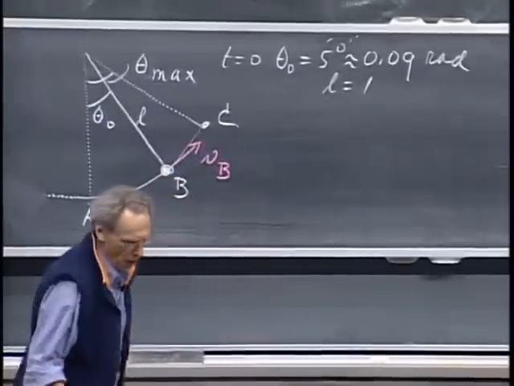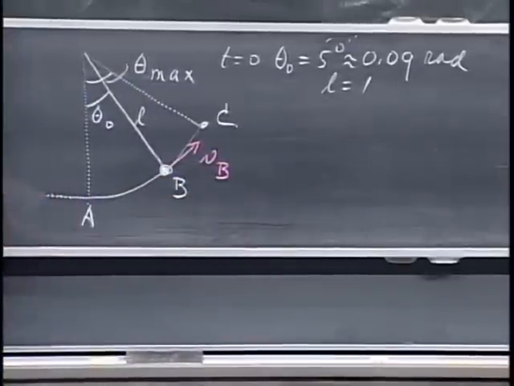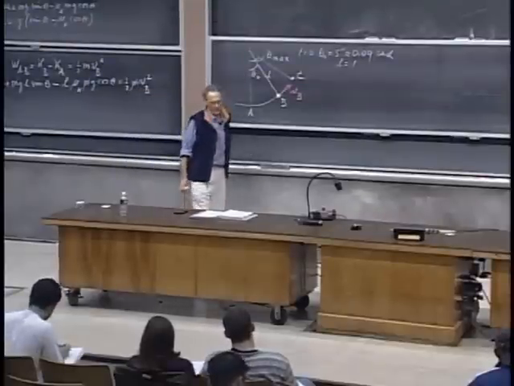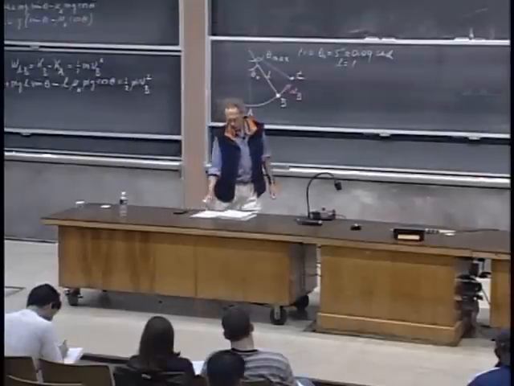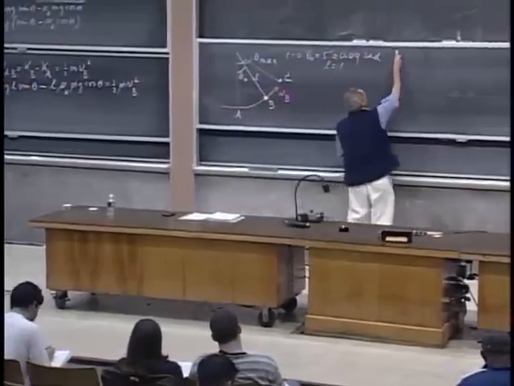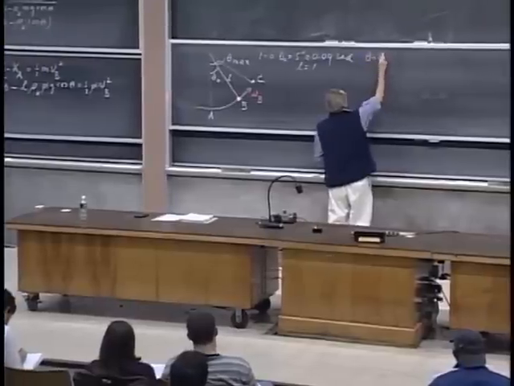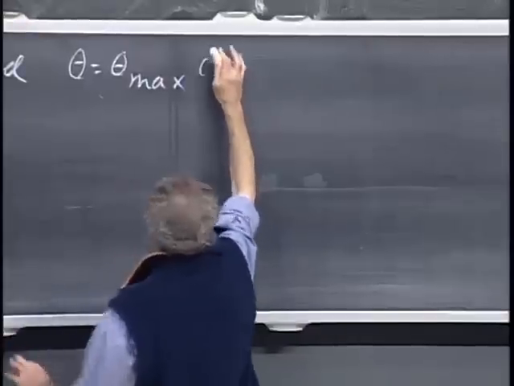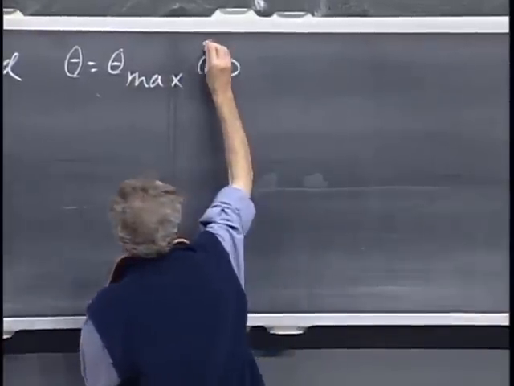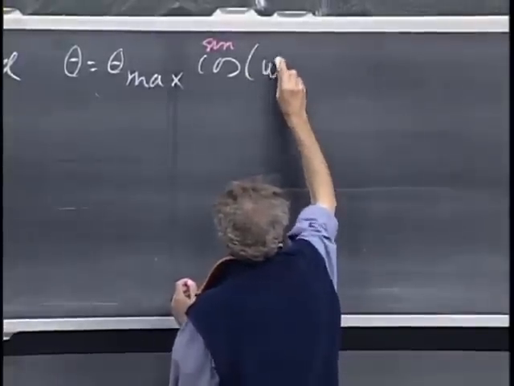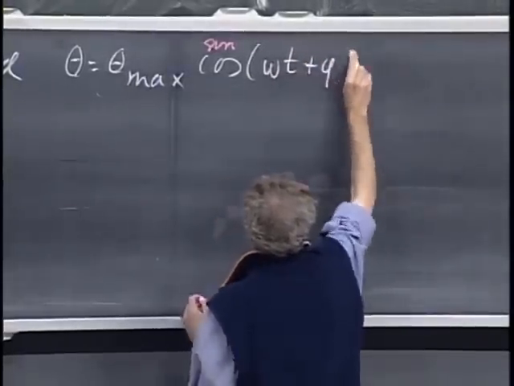It is a small angle approximation. The angles will never be very large, as you will see later when we calculate theta maximum, and so we know that we're going to get a simple harmonic oscillation to a very good approximation. So theta is going to be that angle theta maximum times the cosine, or if you want to be my guest, you can make this a sine. I always work with cosines: omega t plus phi.